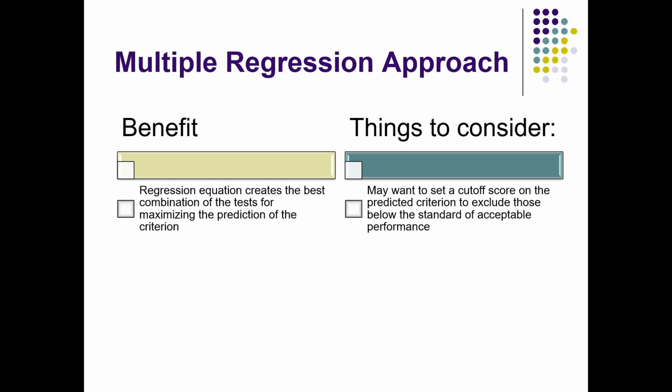We really want to focus on what predicts success on the job. So we might want to have a cutoff. And then we might want to still have cutoffs on each predictor as well. We might want to say we only want to analyze those people who were above the cutoffs or something like that, so that we can make sure that we're really considering the people who seem to have the qualities that we're really looking for.